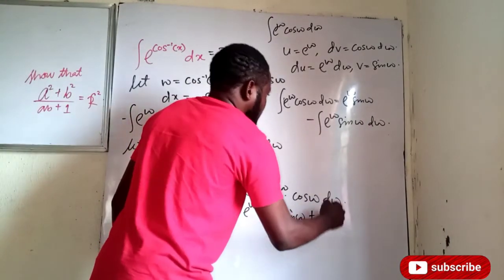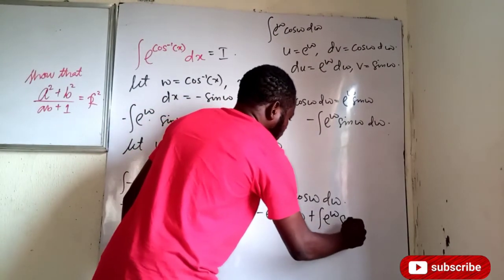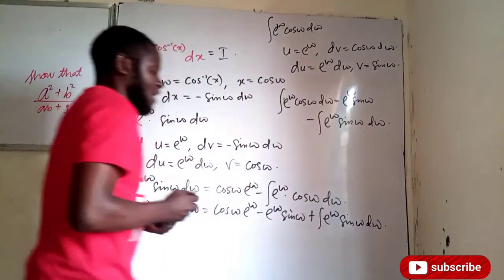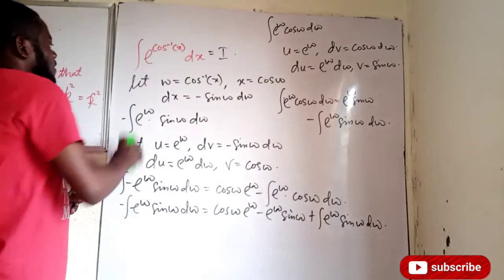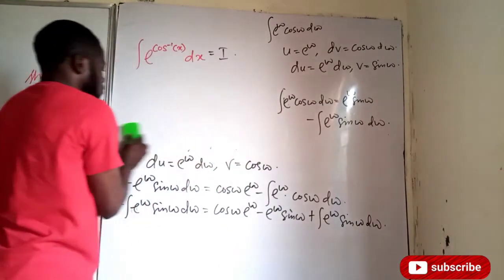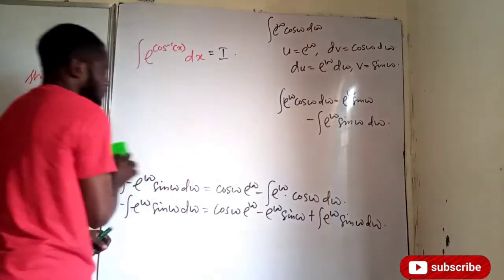So we have plus the integral of e to power of w sine of w dw, like that. If that is what we have there, guys, now we can continue and we are almost done.